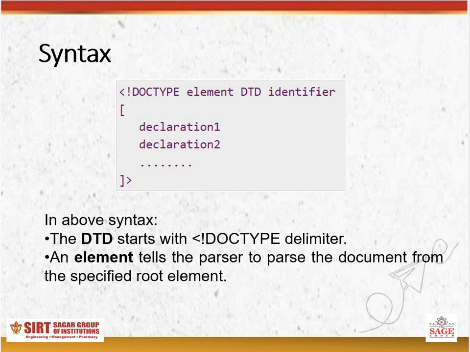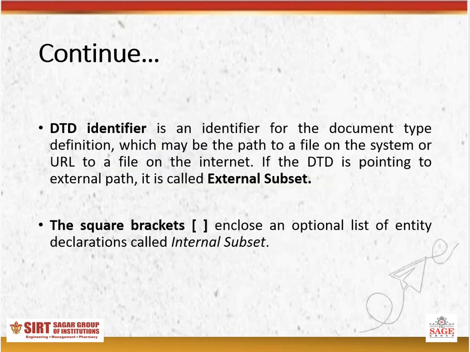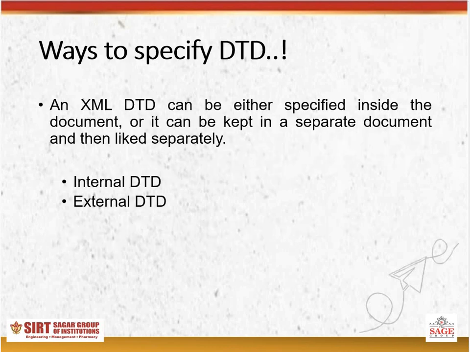Under square brackets you can enclose a number of optional declarations. So the DTD identifier is basically the identifier for the document type definition, which may be the path to a file on the system or the URL to the file on the internet if the DTD is pointing to an external path.